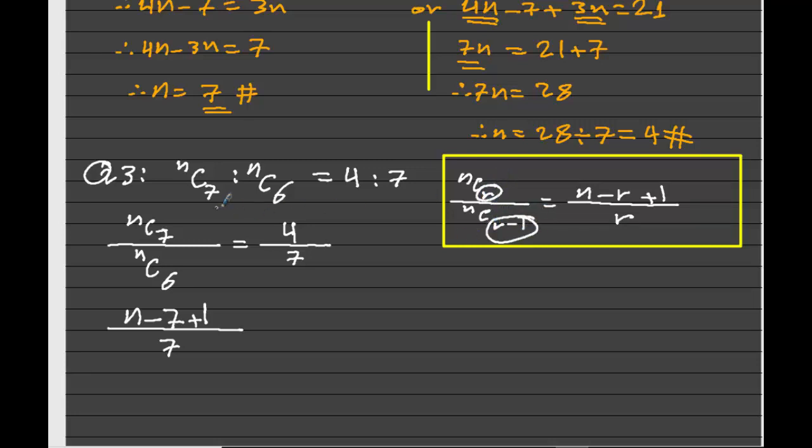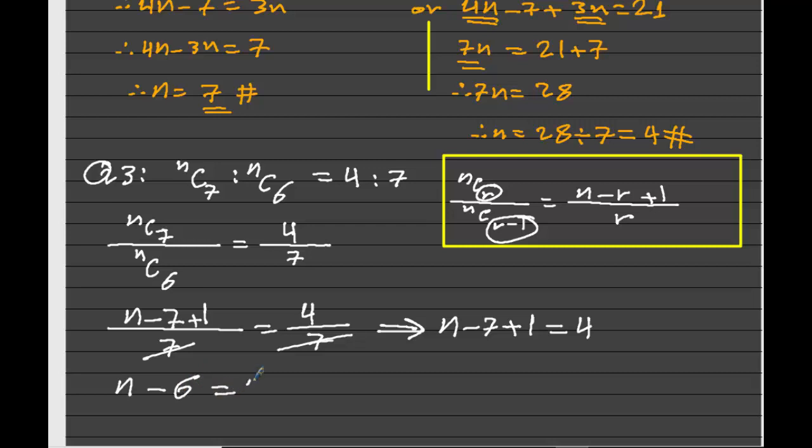With respect to this example, r equals 7. It equals 4 over 7. And we simplify it. We get n minus 7 plus 1 equals 4. So n minus 6 equals 4. It means n equals 10.